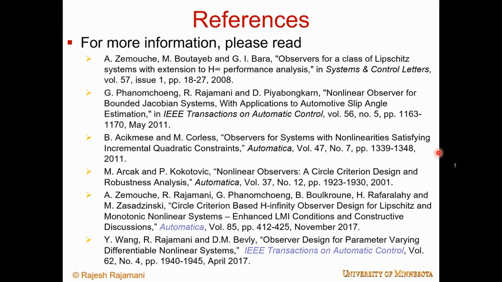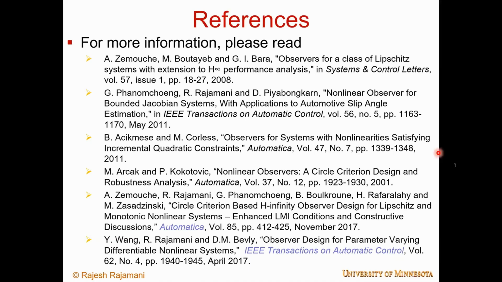Okay, now I see a question about noisy plant model and H-infinity disturbance rejection, and the question is, in this case, is the error converging to 0 or a bound around 0? The answer is it converges to a bound around 0. If you have an unknown disturbance, in the absence of the disturbance, the observer is guaranteed to converge to 0, but in the presence of the disturbance, you're satisfying an H-infinity type of constraint.